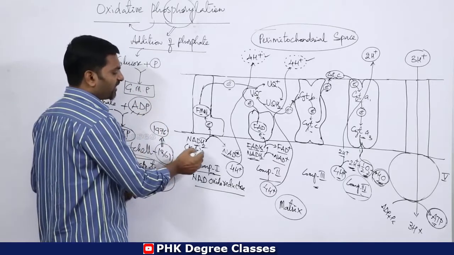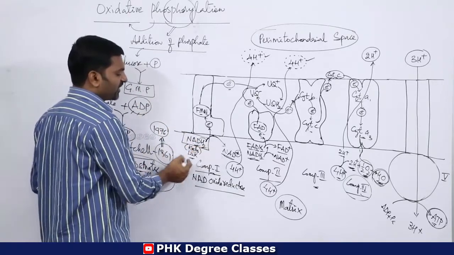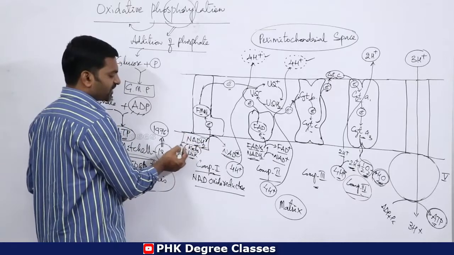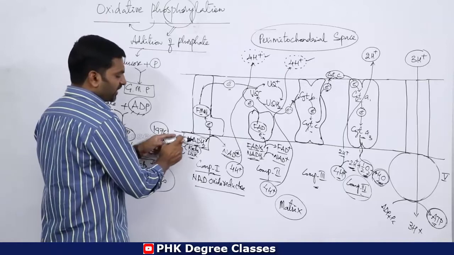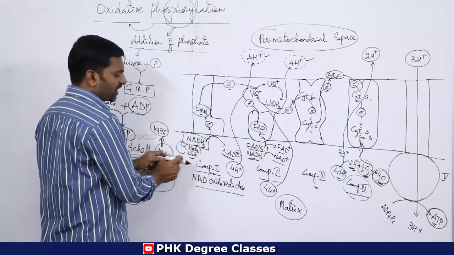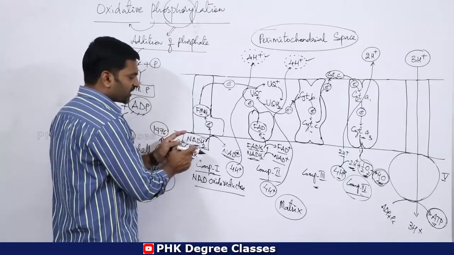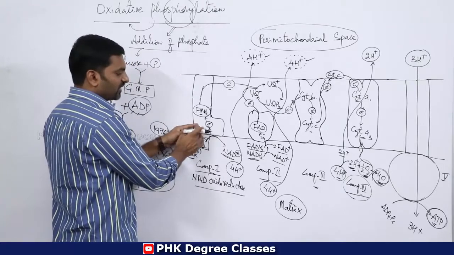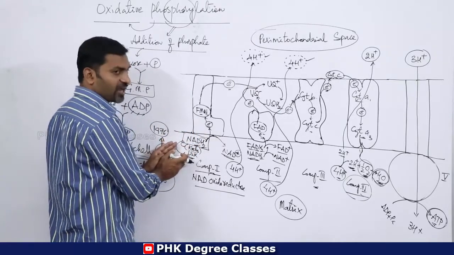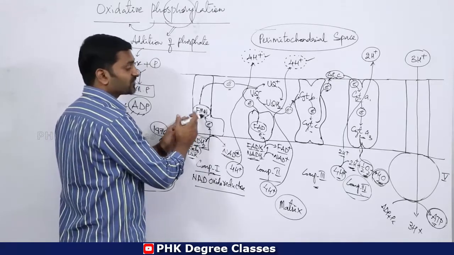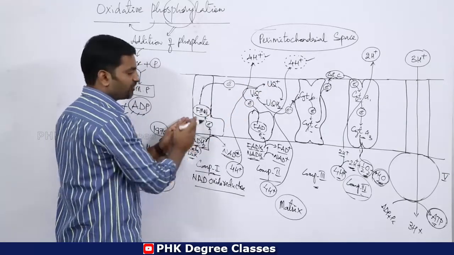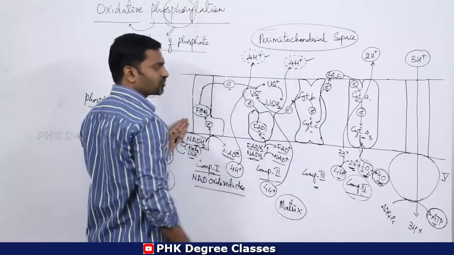if one NADH2 of the Krebs cycle and link reaction is generally participated at complex 1, how many protons move from the matrix to the perimitochondrial space?